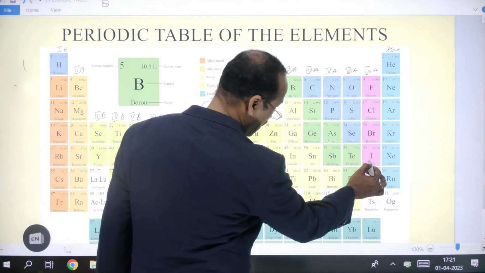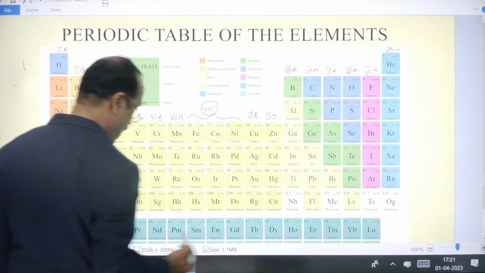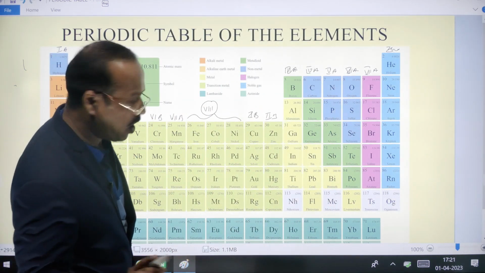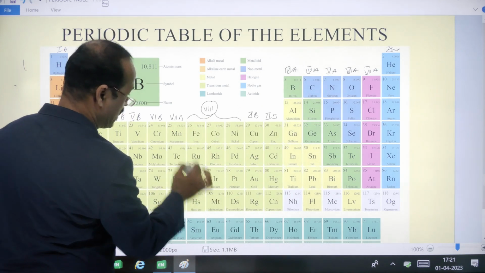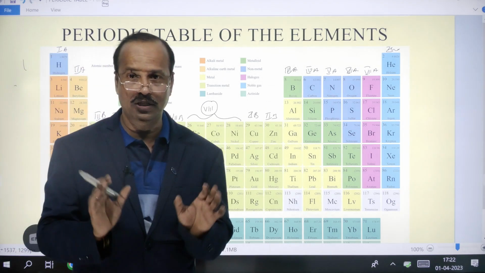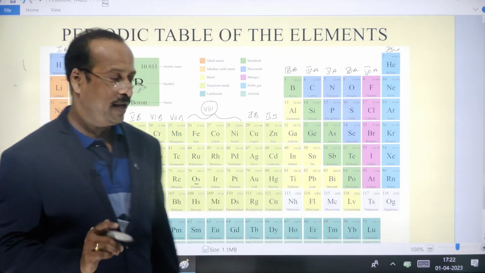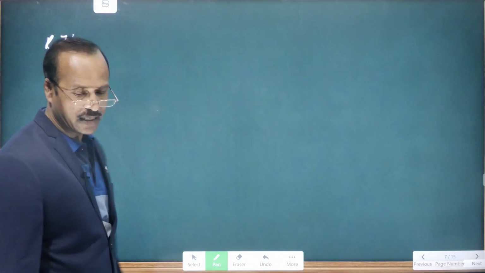See here, this is iodine. What is the group number? 7. So it can exhibit 7. And the next given here is osmium. Where is osmium? Here. Osmium belongs to group 8, so it exhibits 8. So 8 is the maximum oxidation number exhibited by any element in this periodic table. Clear? That is the 7th rule.